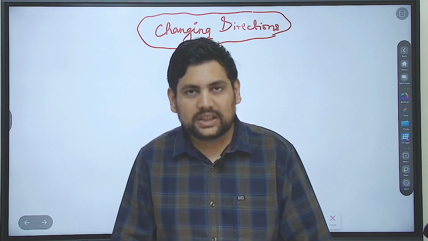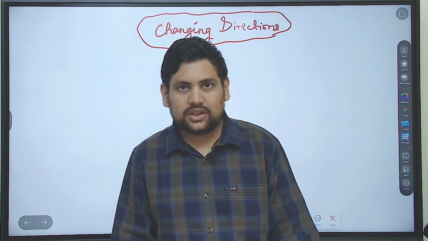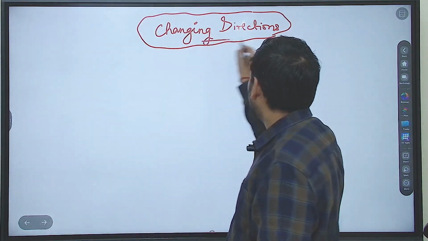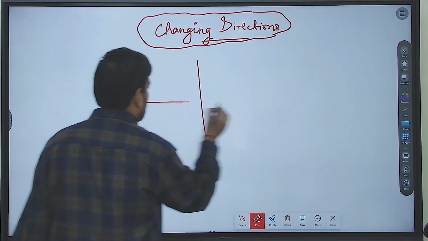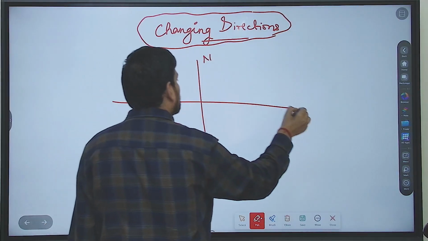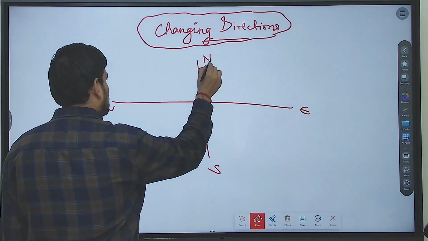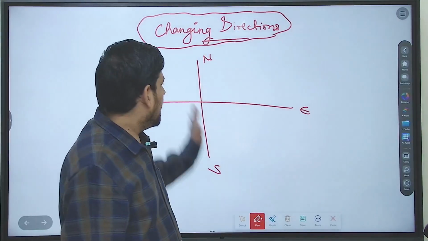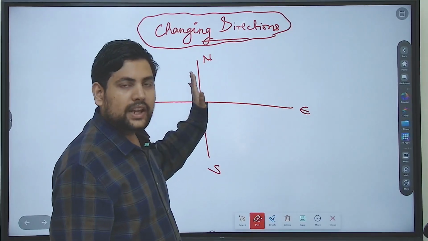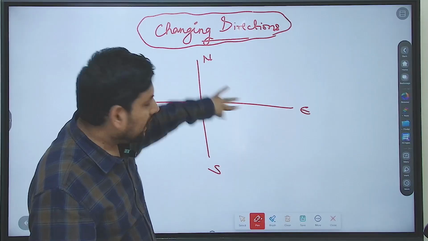Now this is the next part in which we'll be learning about a question type, that is changing directions. For example, I have these directions like north, east, south, west. Now I say, let's say I rotate this entire thing by 90 degrees clockwise.